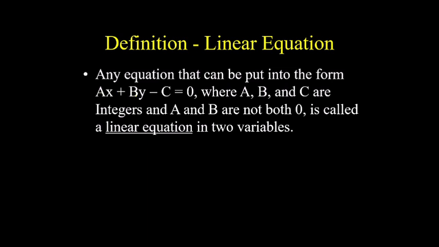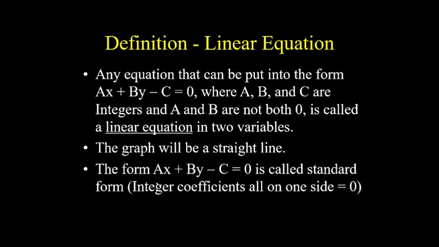Because if you equate a and b to 0, then 0x and 0y vanish. That means the x will disappear and the y will disappear. But if you make c equal to 0, that's okay because the x and y are still there. So your value of c is 0, and that is still allowed. The graph will be a straight line. The form ax plus by minus c equal to 0 is called the standard form.